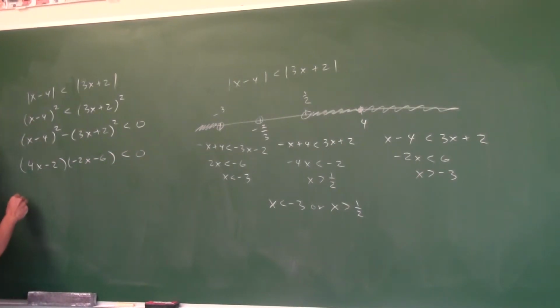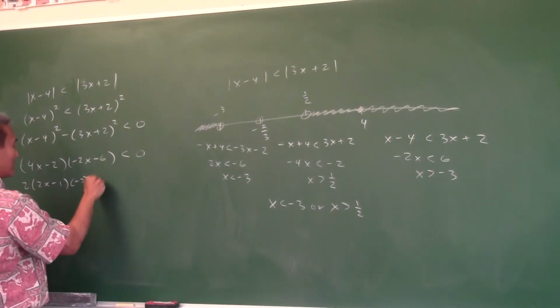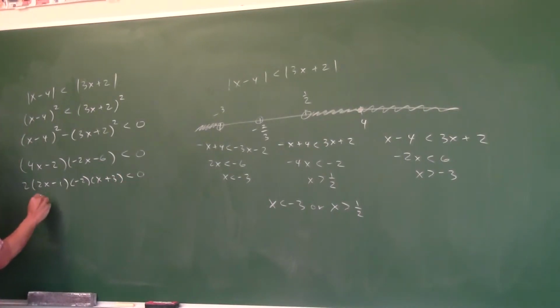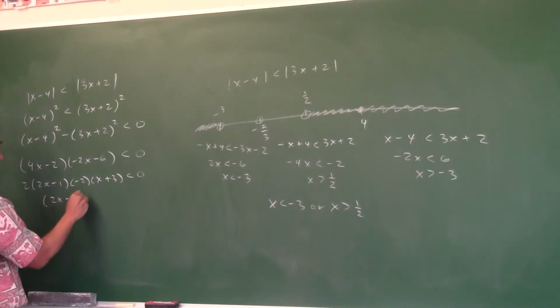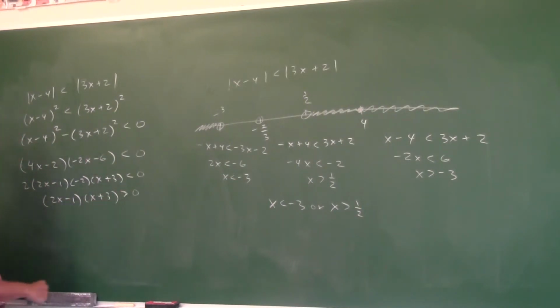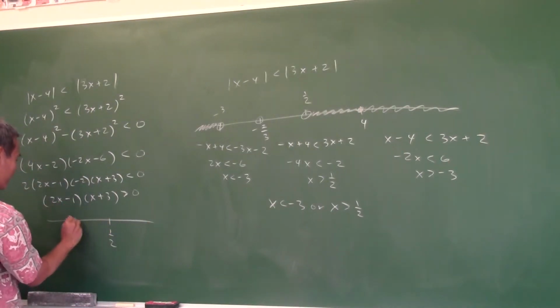Factor out the 2 here. Factor out a negative 2 there. And I'm going to divide both sides by negative 4. Now, this is just other stuff you don't have to do. But remember, when you divide by a negative, now it's going to be greater than 0. And then now, look, you just got a simple inequality. You put negative 3, 1/2.